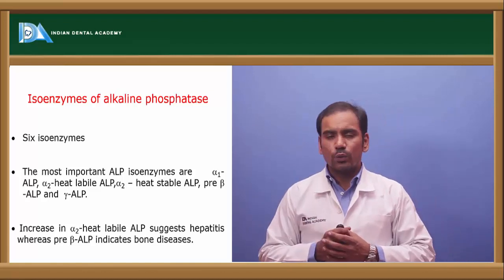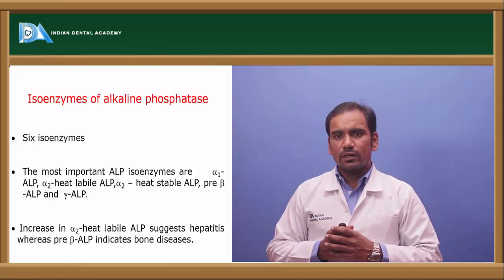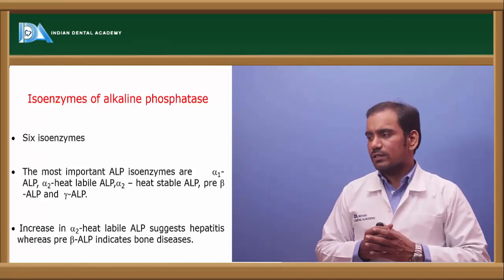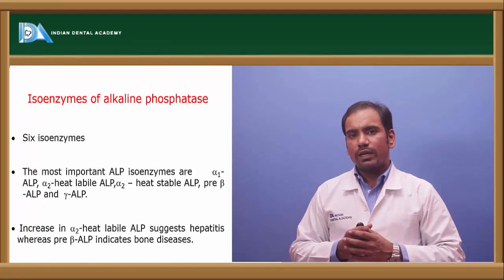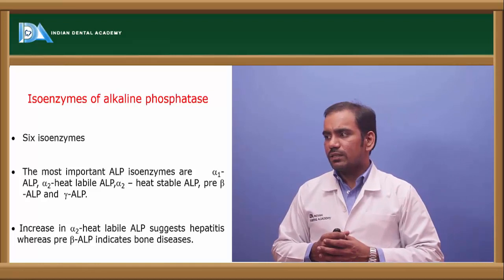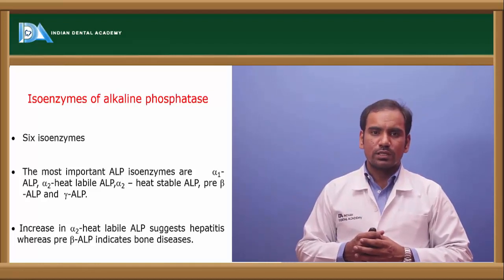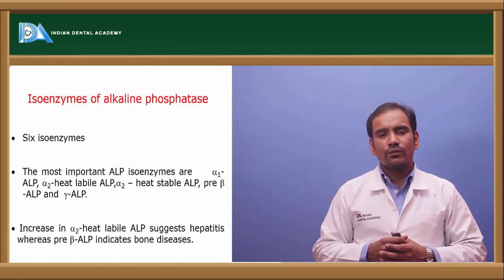The alpha 2 heat labile isoenzyme is elevated in hepatitis, and pre-beta ALP is elevated in bone disease. So that is the clinical significance of alkaline phosphatase.